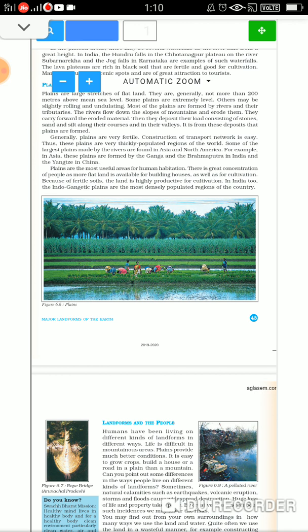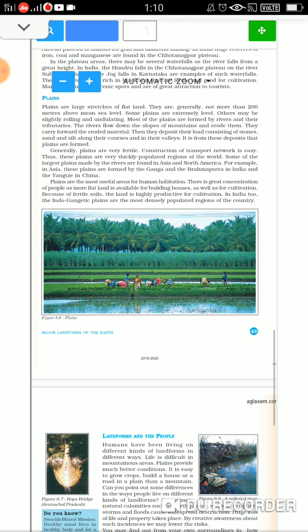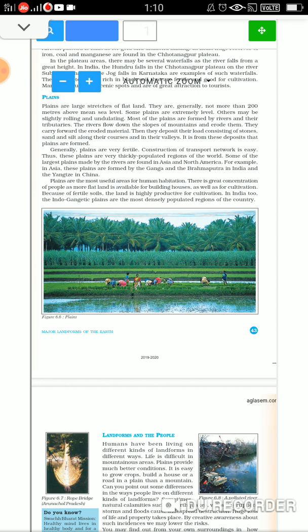The largest plains made by the rivers are found in Asia and North America. So most of the plain areas are found in Asia and North America. In Asia, the Ganga-Brahmaputra plain in India and the Yangtze plain in China are formed by the rivers.